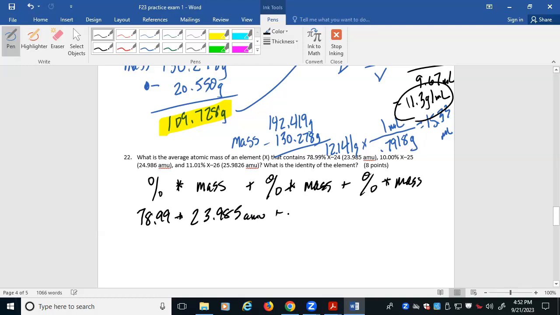I would take the second percent, 10.00, and multiply it by the second mass, 24.986 AMUs. And I'd add that to the third percent, 11.01, multiplied by 25.9826 AMUs.